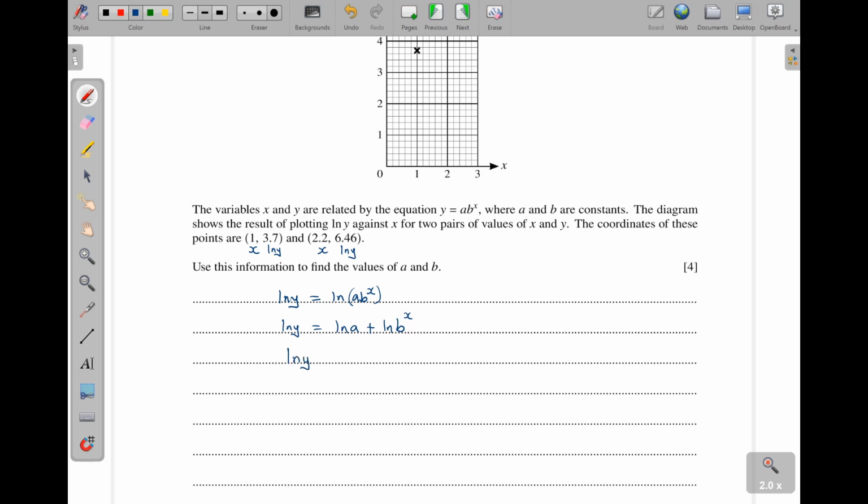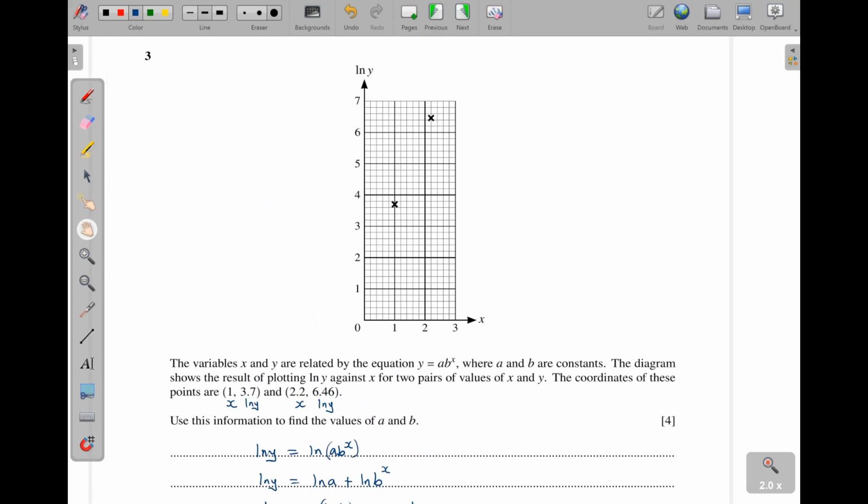So we shall have natural log of y equal to natural log of b, and that is the coefficient of the x, and then plus the natural log of a. So this one is in the linear form, y is equal to mx plus c, where natural log of b is the gradient, and then c is going to be the y-intercept.